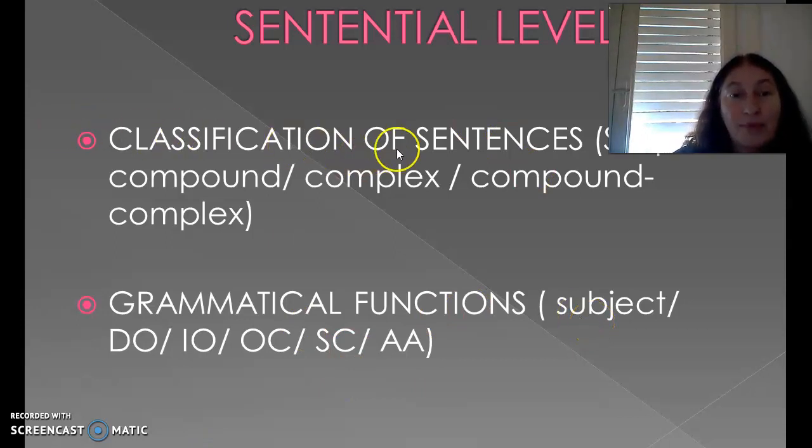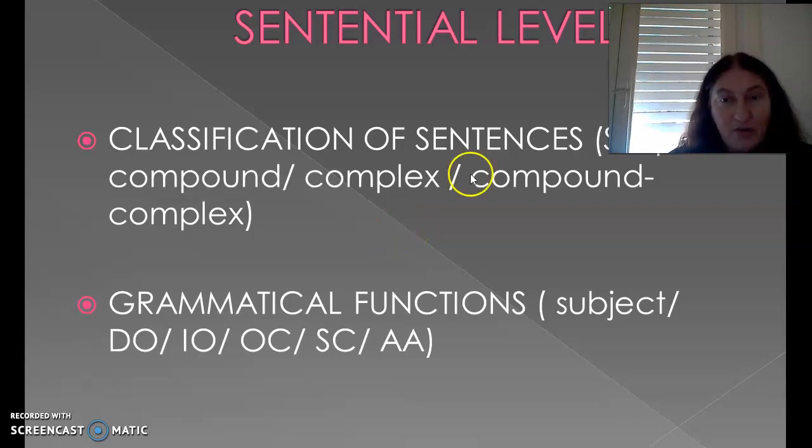Now within the sentential level, the authors talk about the classification of sentences into simple, compound, complex, and compound-complex, the combination of both. A simple sentence, I'm planning to give you a mini lesson on this.